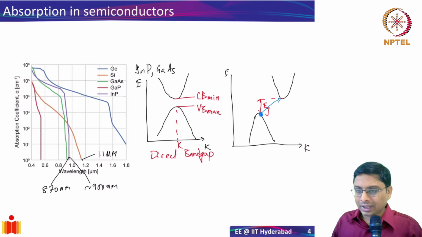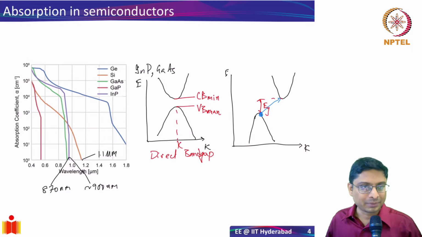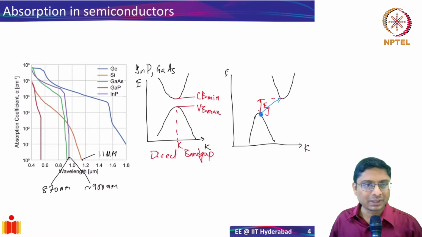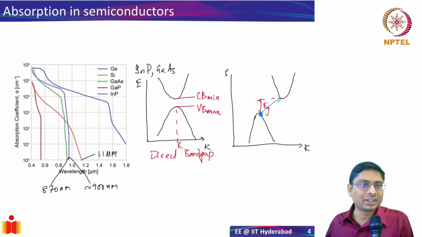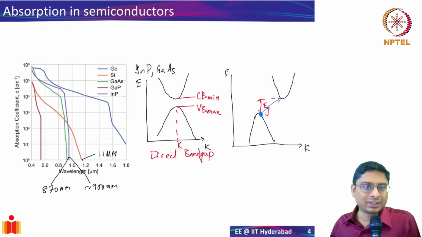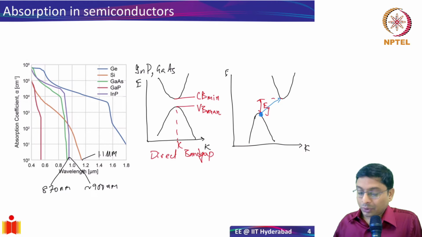I don't want to go and explain what the EK relation is, but there are two ways of depicting energy band diagrams. One is in terms of energy versus momentum. We introduced how energy and momentum are related for an electron. It's a parabolic dispersion for most materials, such as silicon, germanium and gallium arsenide.